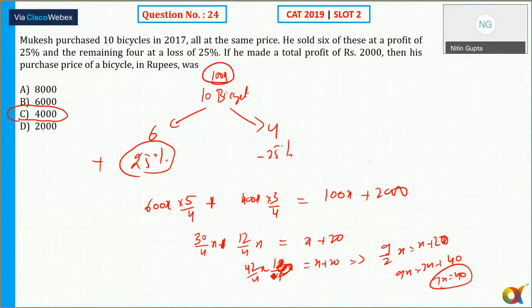So 42 by 4x is equal to x plus 20, 21 by or 42x here. So that was wrong. After that, if you solve this, you'll get the value of x is equal to 40. So the purchasing price will be 100x. Yes, I have done that plus, it was not minus. So can we move to the next slot? Please tell me.